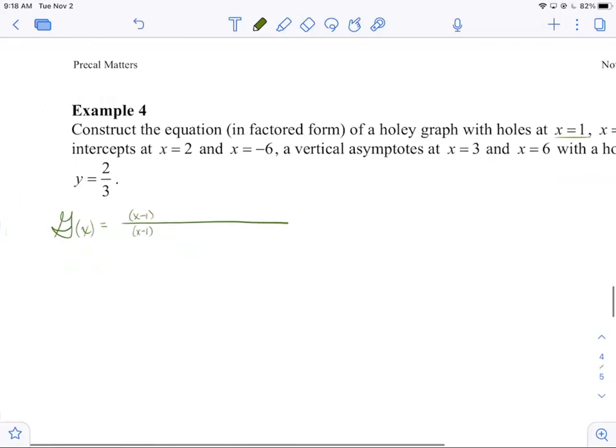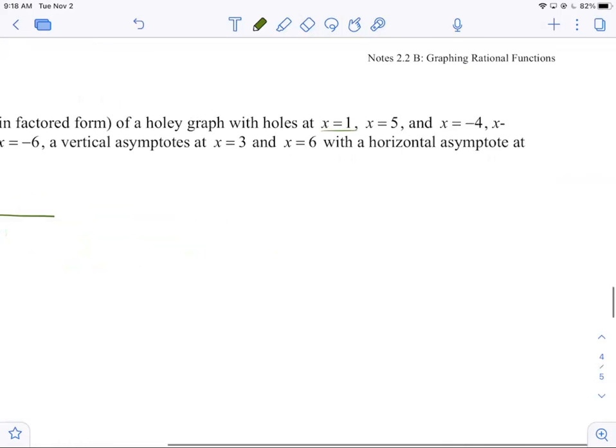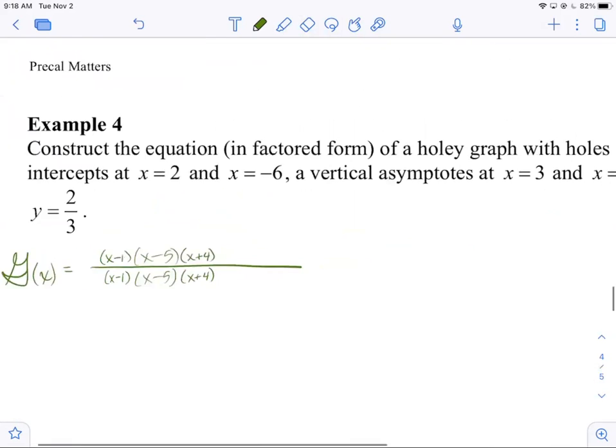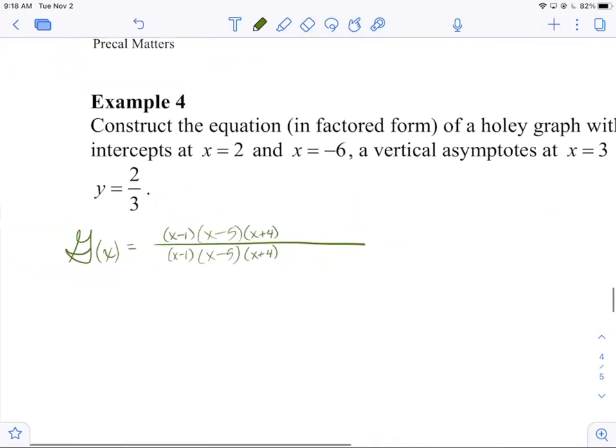X minus 5 then as well, right? If -4 is going to be a hole, then the corresponding factor is x plus 4. So far, so good, right?